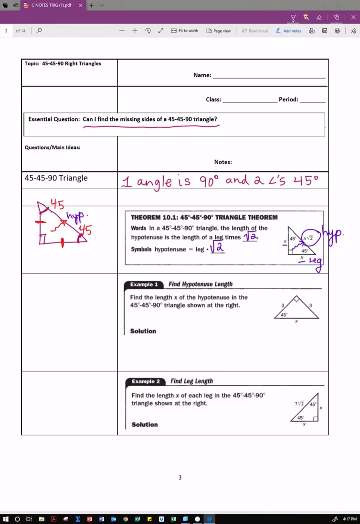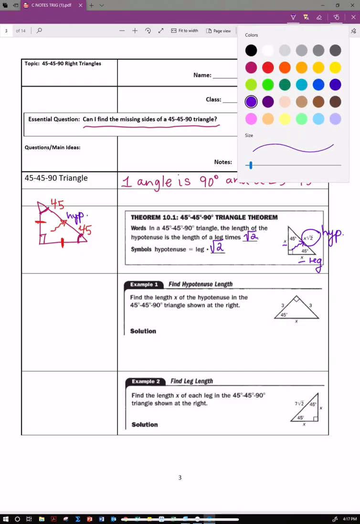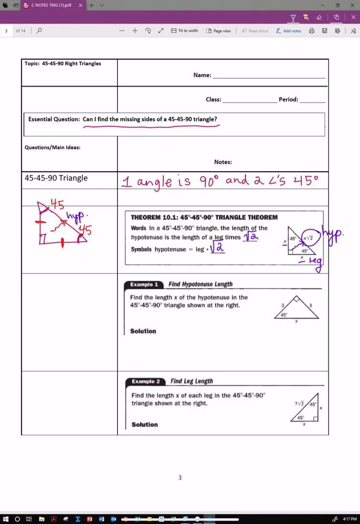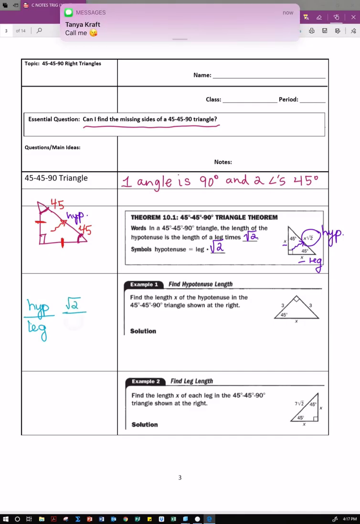Now, we've spent a lot of time on proportions, so within those proportions, we should know how to set up a proportion. If we want to write a proportion or a ratio, let's start with a ratio. The ratio of the hypotenuse to the leg, well, the hypotenuse is the square root of 2, and the leg would be 1.